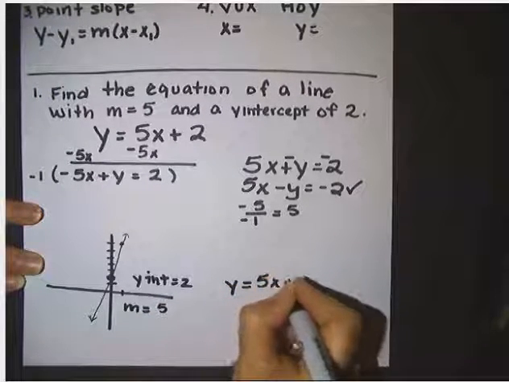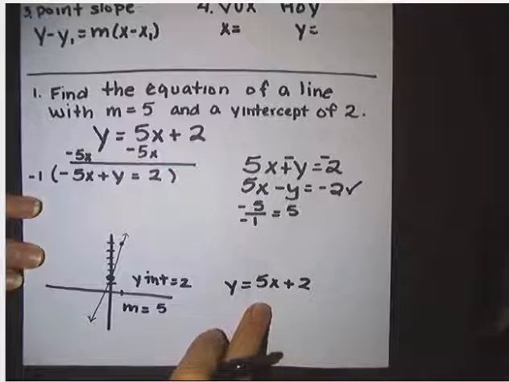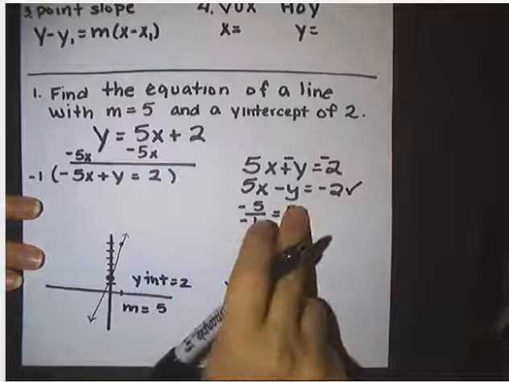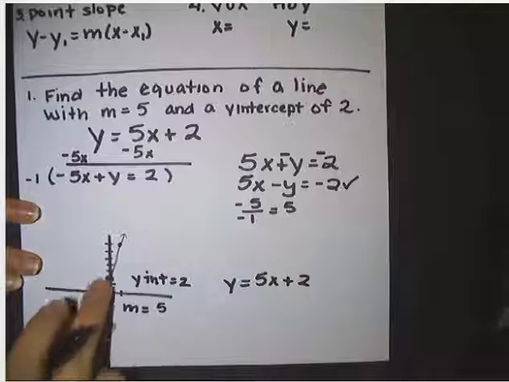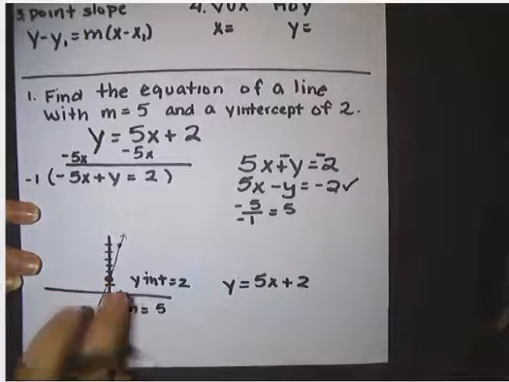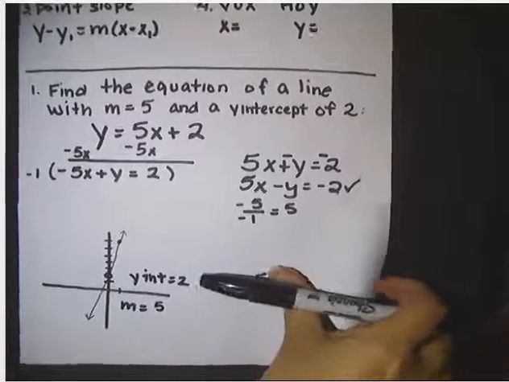And then again, if I ask you to move it into standard form, you would end up with this answer. So same idea if you have a graph where you are given the y-intercept. Next problem.